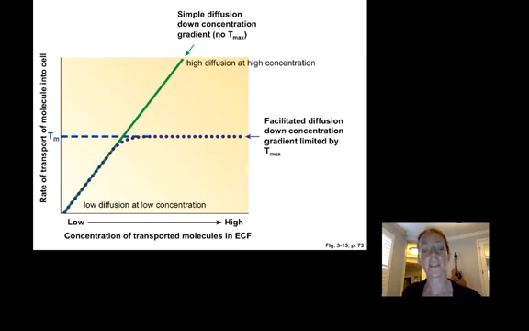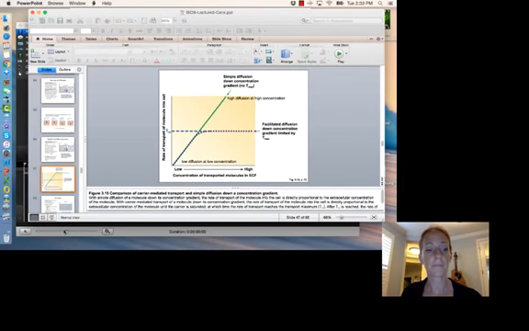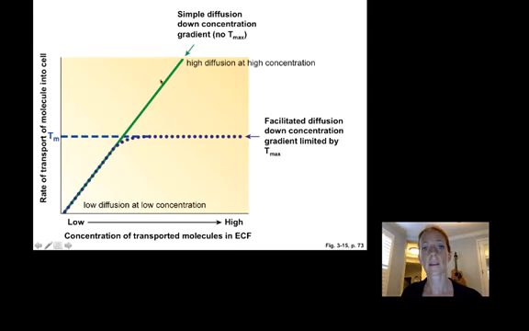So we can graph this, looking at this graph. Normal diffusion would start here, where you have a rate of transport and the concentration in the cell.